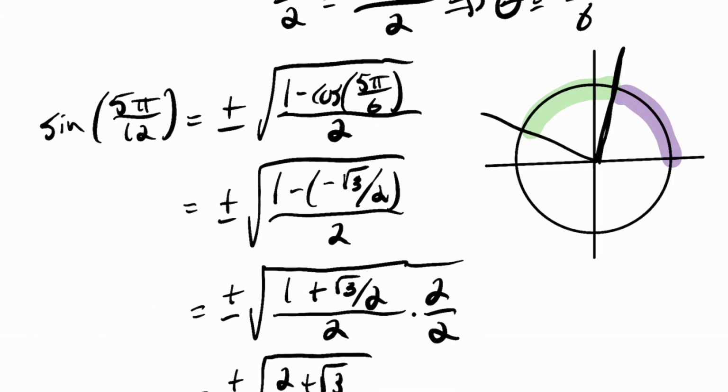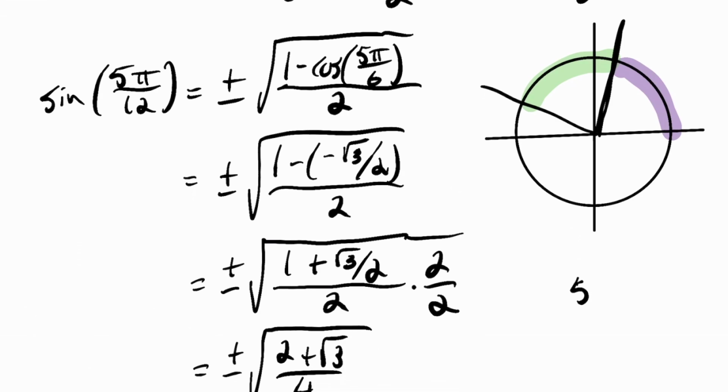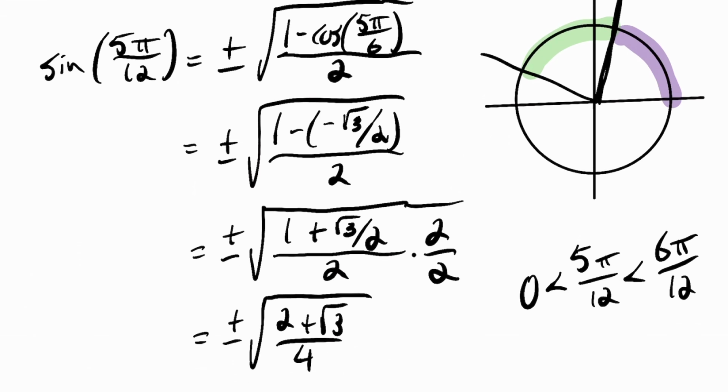Another way to think about that, which you don't need to draw out, but I find it helpful, is this: if you have 5 pi over 12, you need to think about which two common angles it is between. It's not too hard to see that this is greater than 0, of course, but less than 6 pi over 12, and 6 pi over 12 is pi over 2.